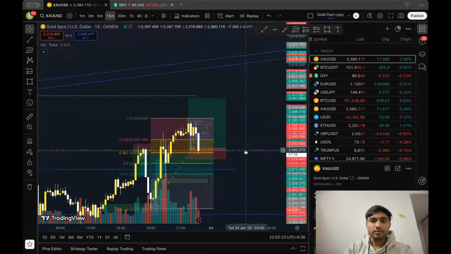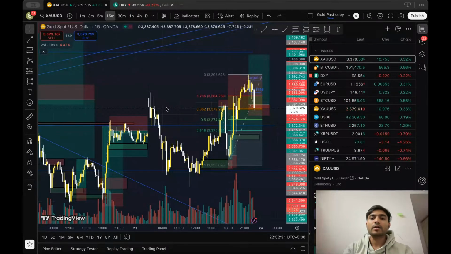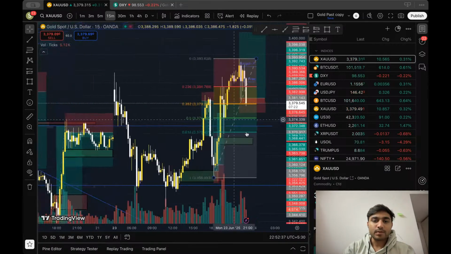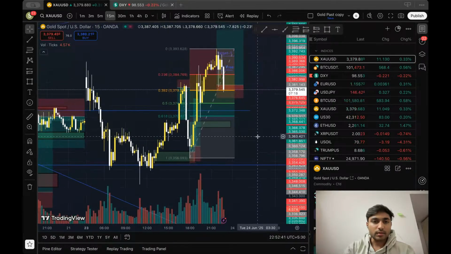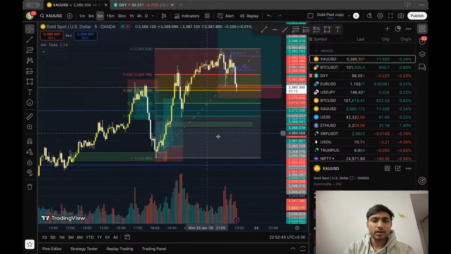Yeah, so here we are. This is the trade we are currently in. So what does this represent? Let's talk about this trade and let's do the analysis after that.